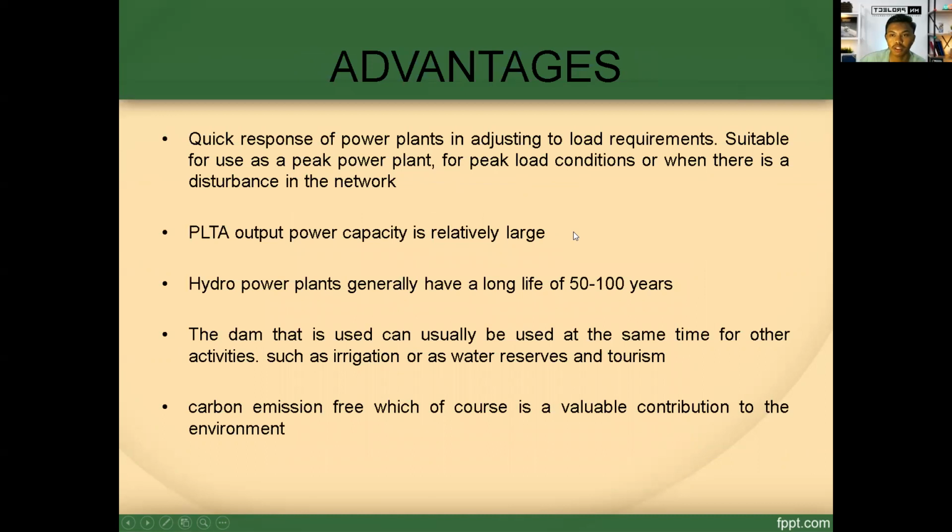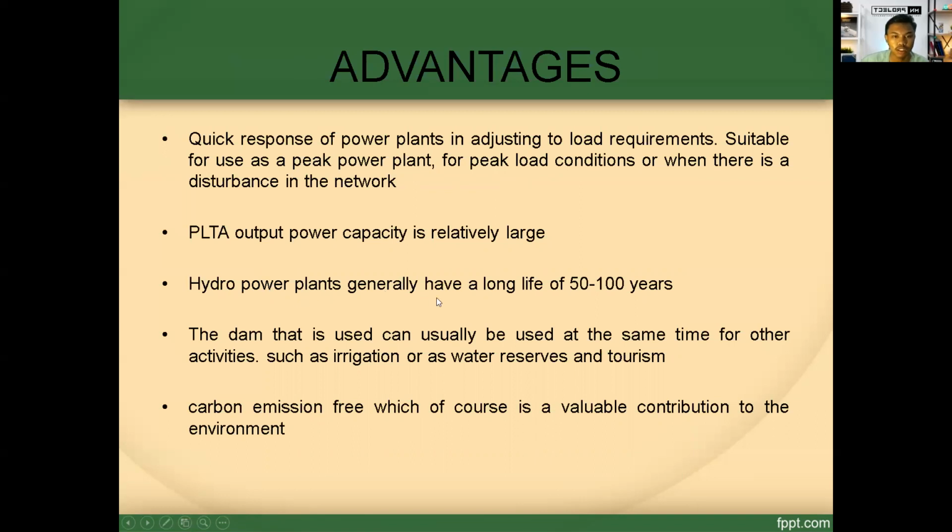Advantages of using a hydropower plant. Quick response of the power plant in adjusting to load requirements, suitable for use as a peak power plant for peak load conditions or when there is a disturbance in the network. PLTA output power capacity is relatively large.